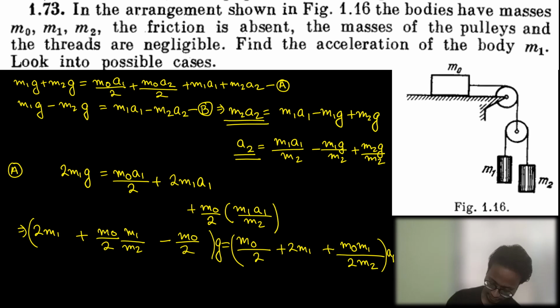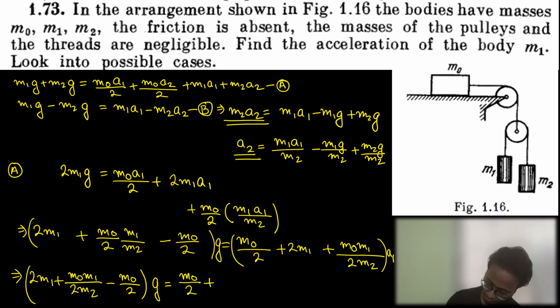Now let's write this equation neat and clean. That means I'm compressing this equation to m1 plus m0 m1 by 2m2 minus m0 by 2 into g is equal to m0 by 2 plus 2m1 plus m0 m1 by 2m2 into a1.